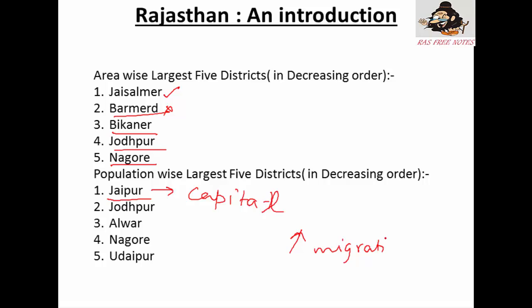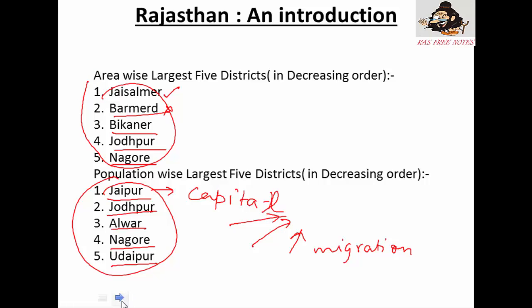It provides higher employment and educational opportunities, so the rural population of Rajasthan migrates toward Jaipur. Another is Jodhpur, Alwar, Nagaur, Udaipur. You need to remember this series.